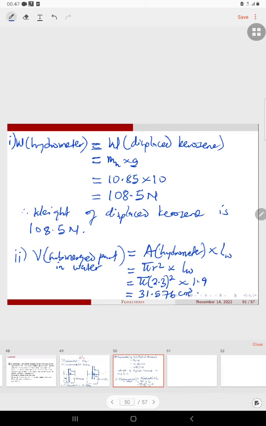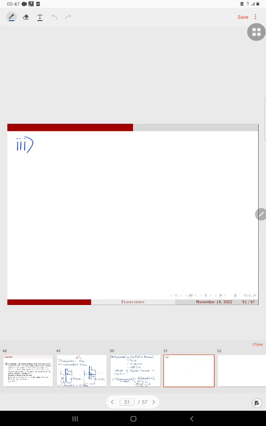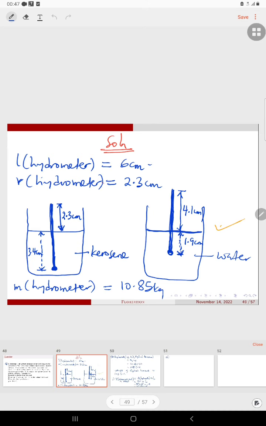Good. Now let's look at the third part. We are looking for the relative density. The question wants us to find the relative density of the kerosene. So how do we find it? Do we know the density of kerosene?